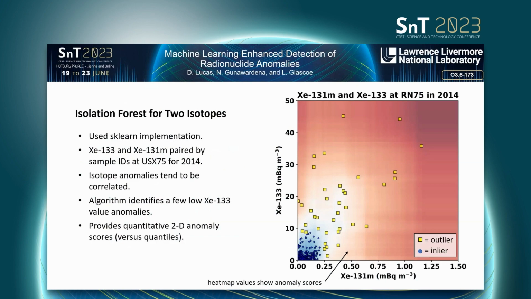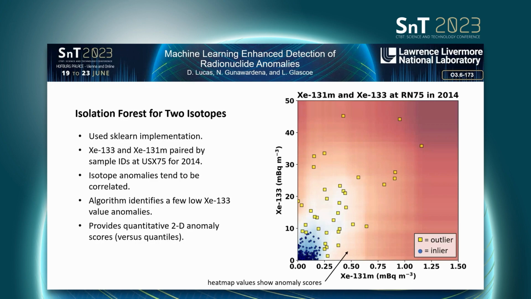Thinking back to the time series that I presented earlier, it was Xenon 133, all of the collections in 2014 at Charlottesville. It's difficult to apply and compute quantiles for pairs of isotopes, but you can do that with isolation forest. This is showing Xenon 133 and 131m put through an isolation forest, trying to identify the anomalous points.